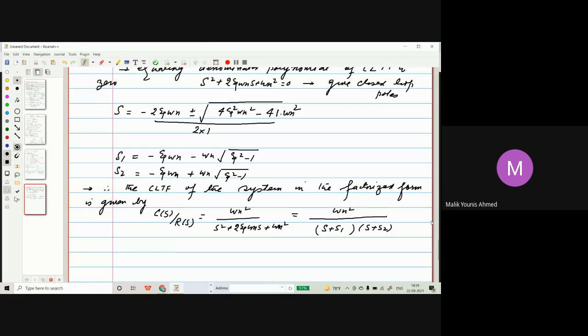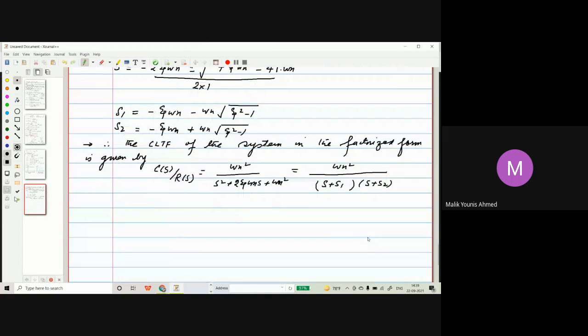I have given what s1 and s2 are above. So let us see what C of s is now. Now R of s is 1 by s, so that will be 1 by s into omega n square over s plus s1, s plus s2. We know 1 by s is a step input.